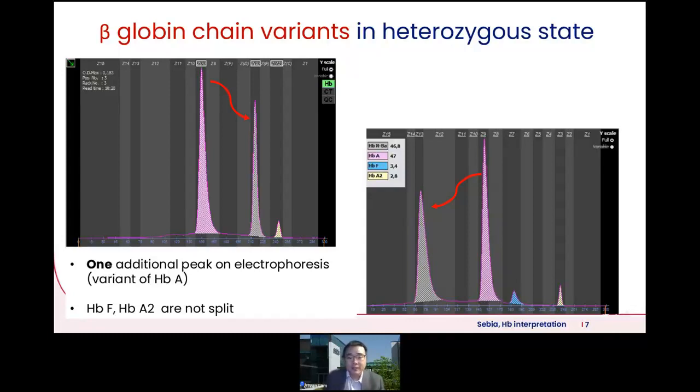And in the instances of the beta variant, it's important to note that the hemoglobin F and hemoglobin A2 peaks, the minor fractions, are not split. Why? Because the beta gene is only present in hemoglobin A, so you do not split the other hemoglobins. All right, this is the distinct signature profile of the beta globin variants.